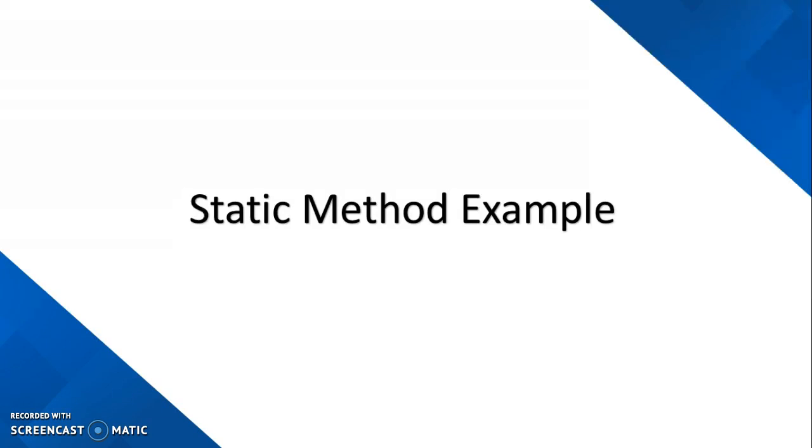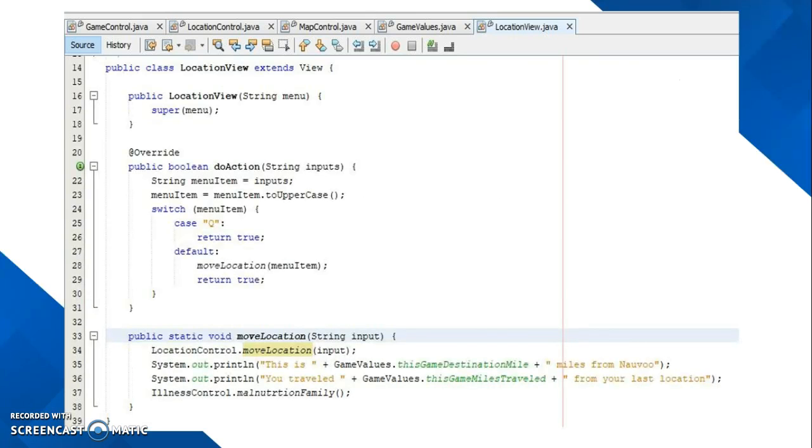I will now show you an example of a static method used in our code. In this case, we created a static method inside the location view class called moveLocation. So we don't need to create an object to call them every time the player moves to a new location.